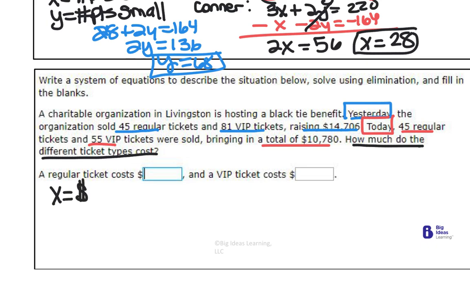So X is going to be the cost, because this last sentence tells us what we're wanting.